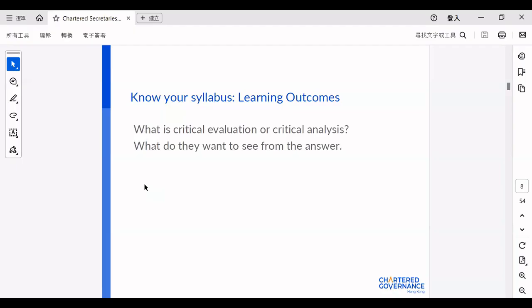Firstly, of course, you have to understand the basic things first. You can't do any critical evaluation or critical analysis without any understanding of the content. So you have to firstly understand the key ideas of the content. The understanding is the first step only. And then you look at the logic itself.